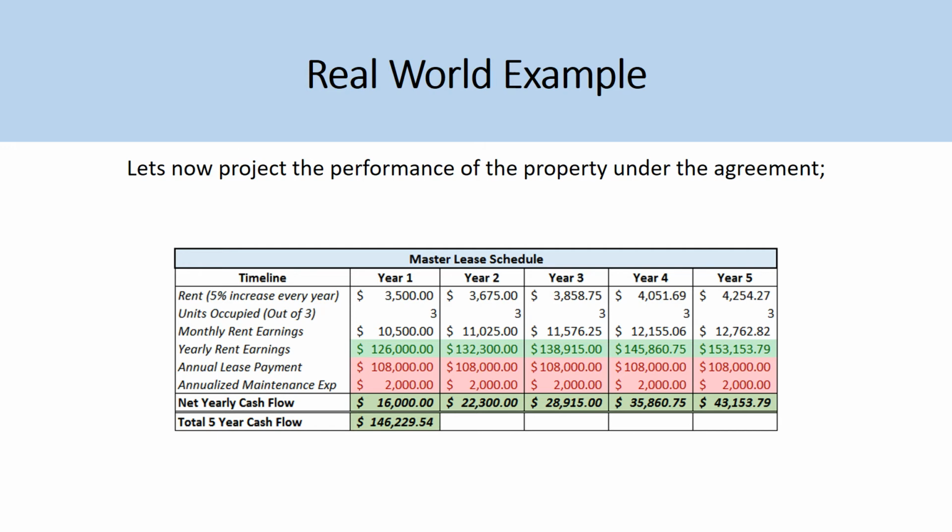And so that difference between what I receive from my tenants and what I have to provide as a lease payment is really the profit that is generated on this master lease, right? And all of a sudden you become an investor, someone who benefits from cash flow on this property, even though I don't even hold a single percentage of equity.